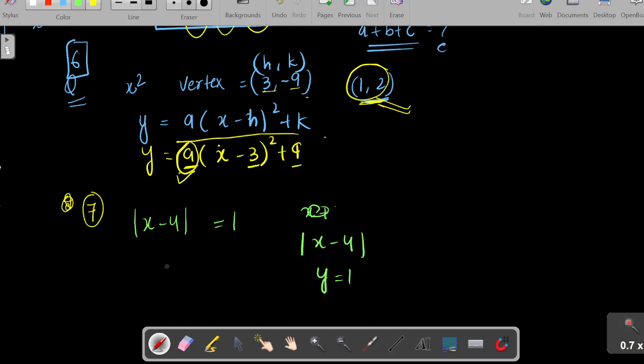Why I'm saying this? Because when you put this as it is directly on Desmos, you will get two vertical lines which are actually intersecting at the x-axis. But you won't be able to find the points because when you try to click on these intersection points, it will not allow you to click.